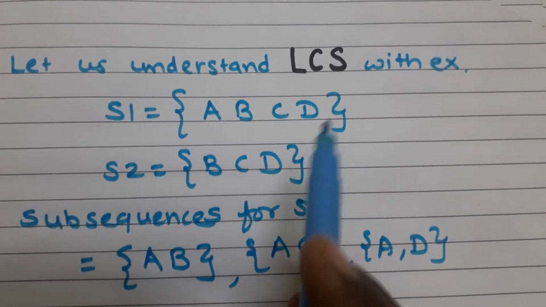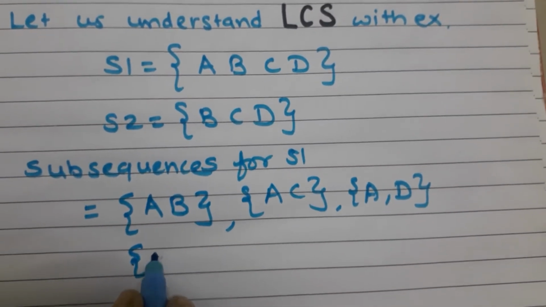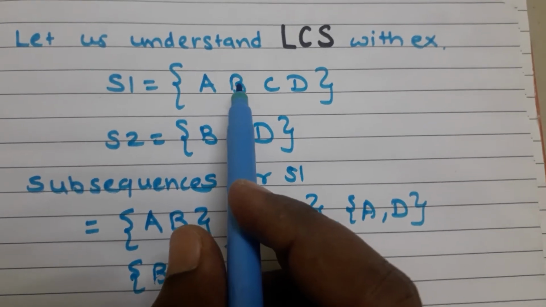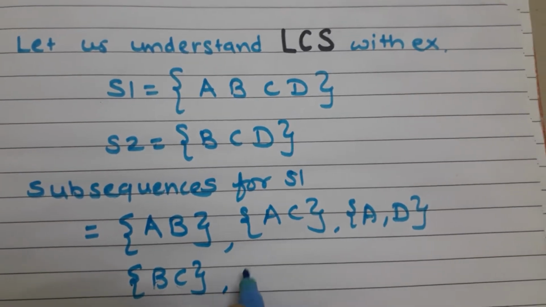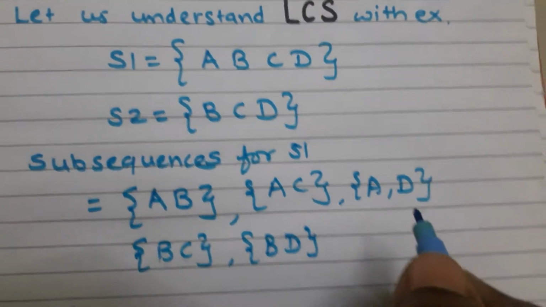In the same way we can find the other subsequences. For example BC can be a subsequence, and BD can be a subsequence. So in this way we can write the different subsequences.